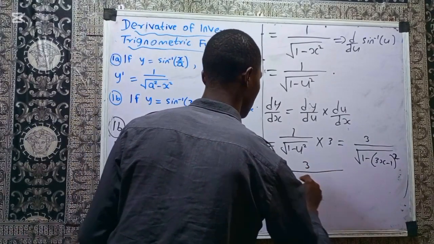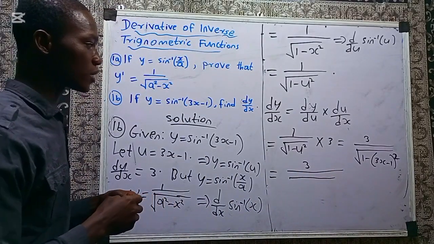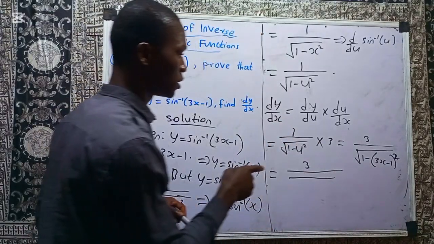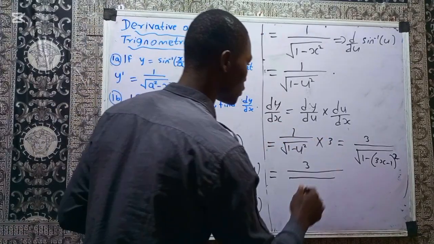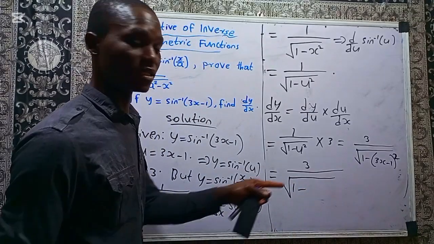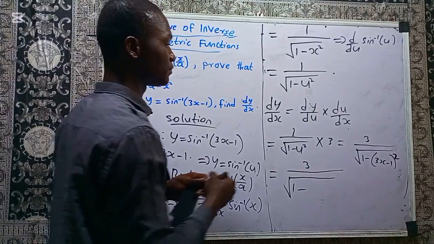Can we simplify this further? This will be 3 over square root of 1 minus the expansion of (3x minus 1) squared.